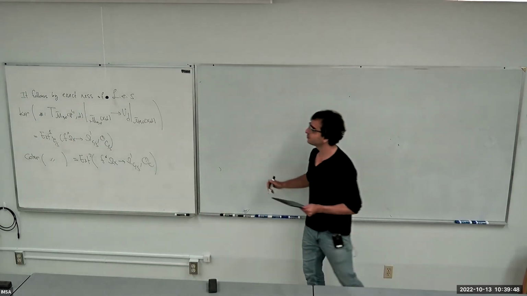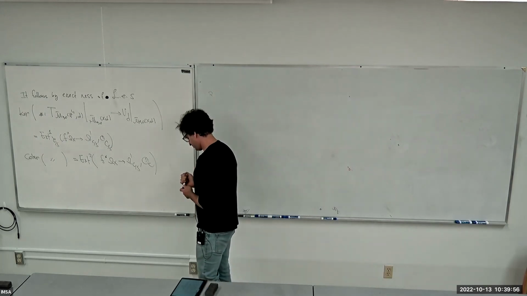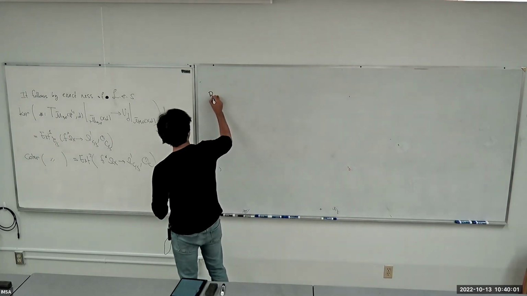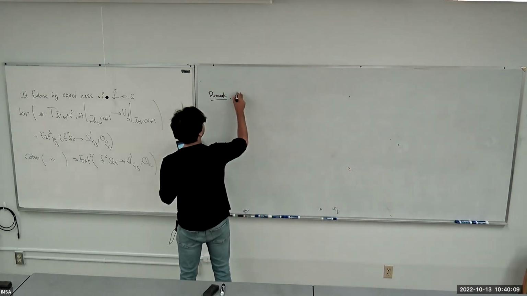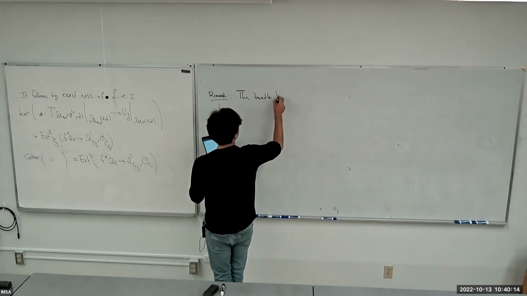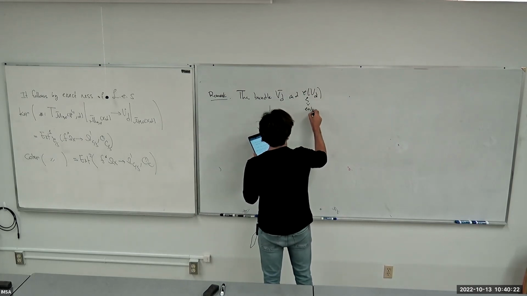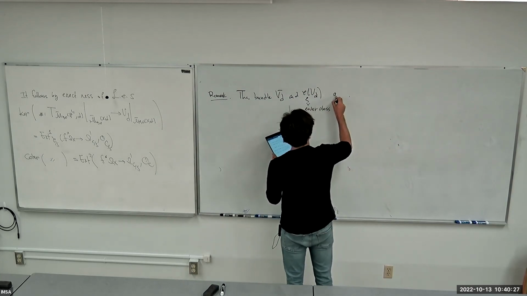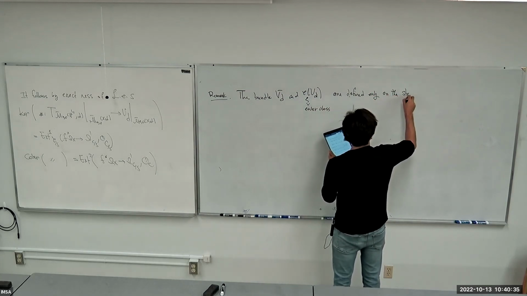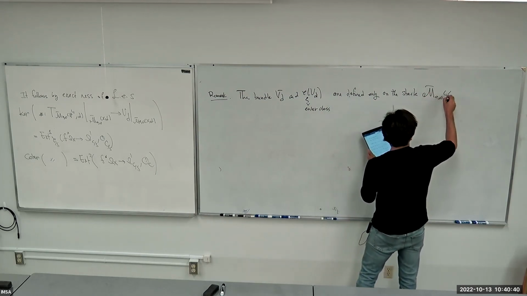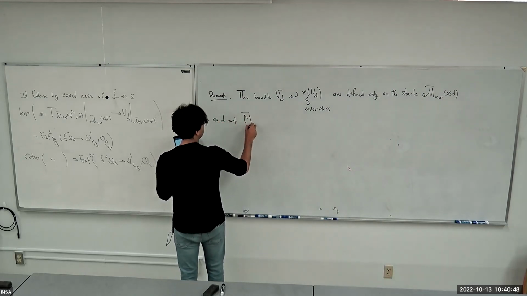Okay. Remark. The bundle VD and Euler class of VD are defined only on the stack M00 xt and not on the coarse M00 xt.